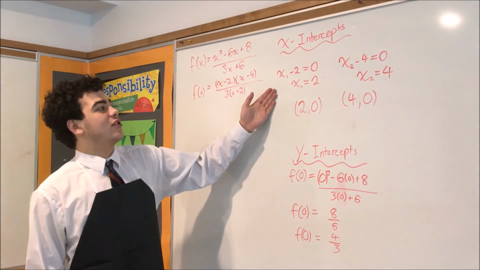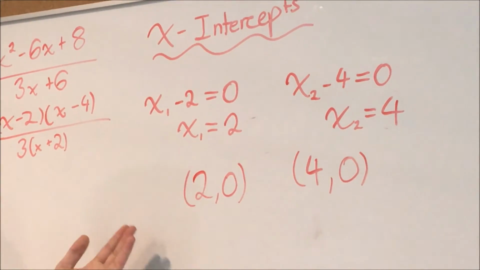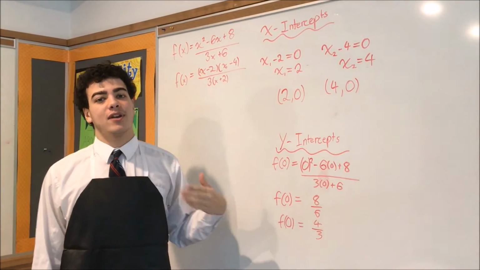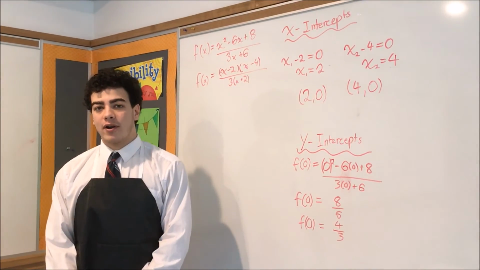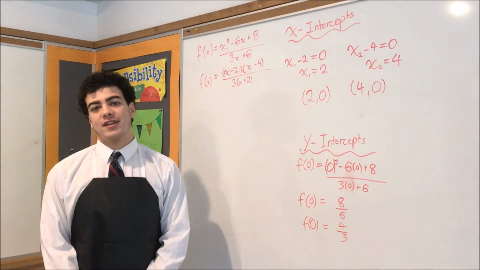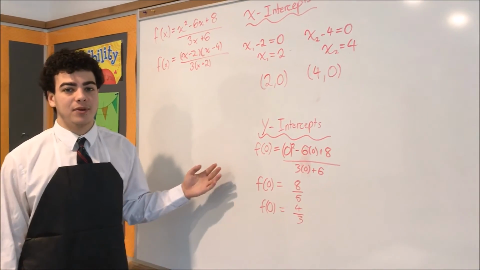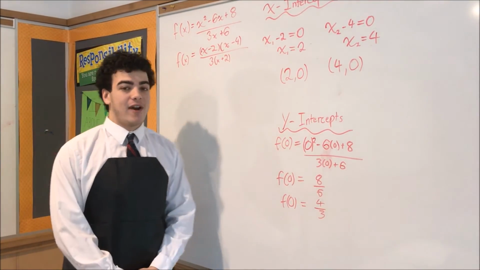So we're going to use the x minus 2 and find out what makes that 0, which is just 2. And x minus 4 equals 0, and what makes that 0 is 4. So we know that the x values of 2 and 4 will give us the y values of 0, and these are our x-intercepts.